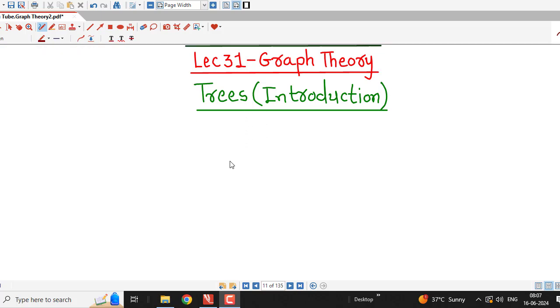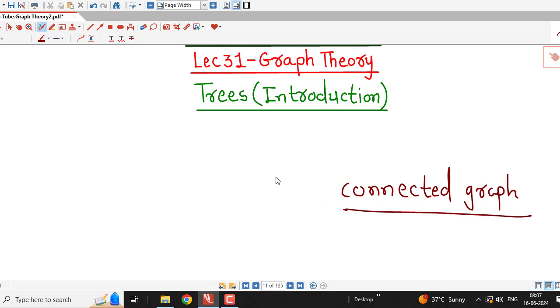So before going for the definition of trees, we recall the definition of connected graph which we have discussed in earlier lectures. When is a graph called a connected graph? A connected graph is that graph in which there is a path between every pair of two vertices.